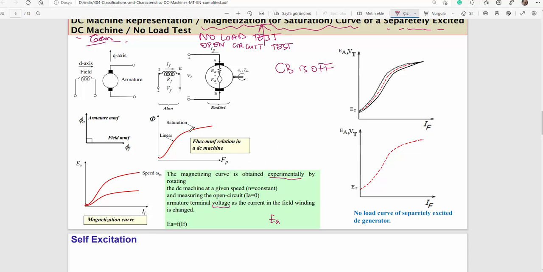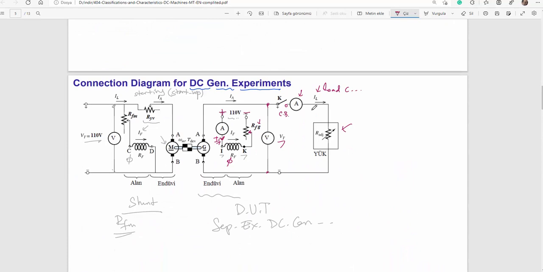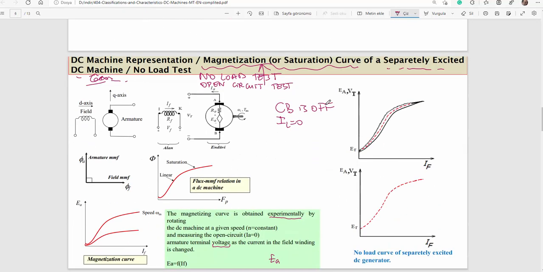Let me explain what I mean. Circuit breaker off means there is no load current, and then come back to the figure. There is no load current. That means armature current is 0, due to the open circuit of the circuit breaker.